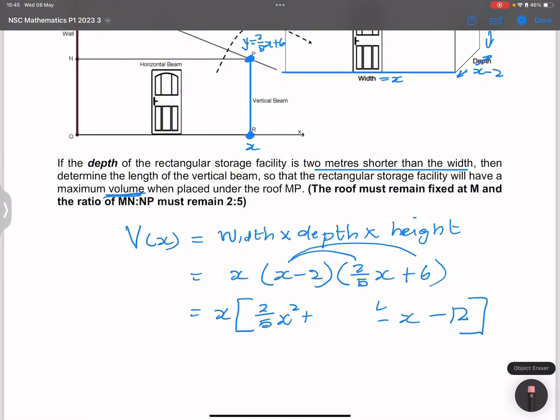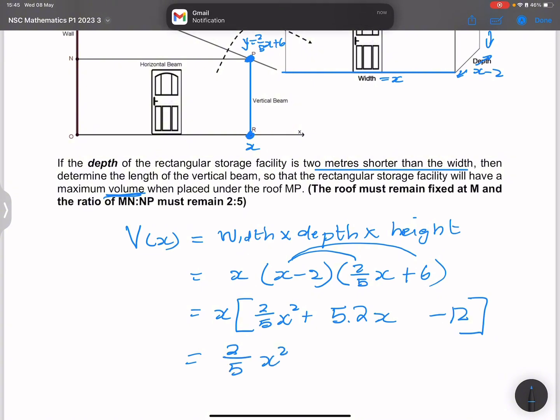So these two give me 5.2x minus 12. And remember, I multiplied the x into that, so that's 2 over 5x squared.